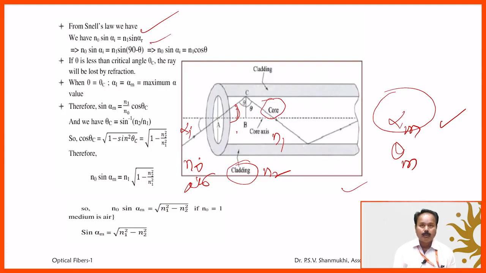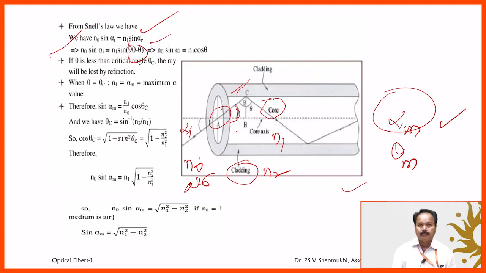First you observe at the point A, there is a refraction of the incident beam. That's why we can apply Snell's law. Observe: N0 sin alpha I is equal to N1 sin alpha R. Alpha R is given by 90 minus theta. Actually, at the core and cladding interface, the angle is taken as theta.